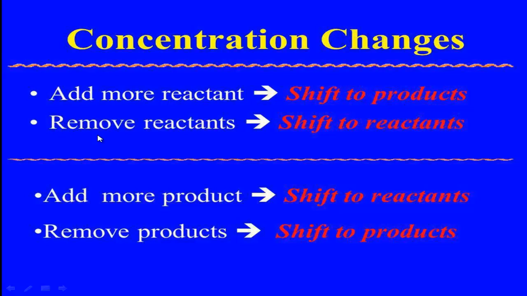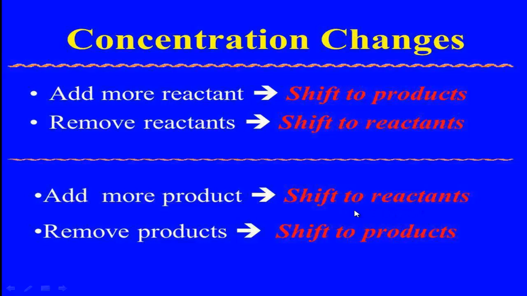Now if we decrease the amount of reactants, then what will happen? Then the equilibrium position shifts to the left side. That means the amount of reactants will be increased. Conversely, if we add product, then what will happen? The equilibrium position shifts toward the reactants.